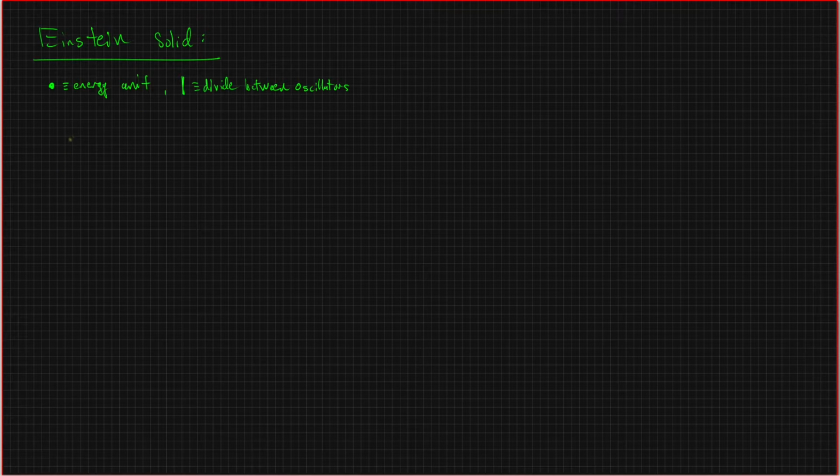So basically, if you want to graphically say the state of an Einstein solid, you can write the microstate of an Einstein solid as, say, one energy unit here in this oscillator. So this denotes a single oscillator, and this denotes the difference between that oscillator and another oscillator. We could put 3 units of energy in this one.